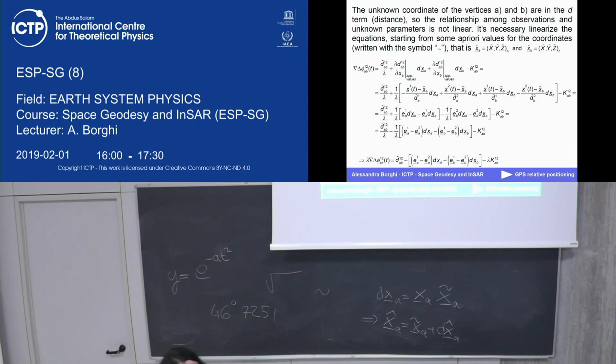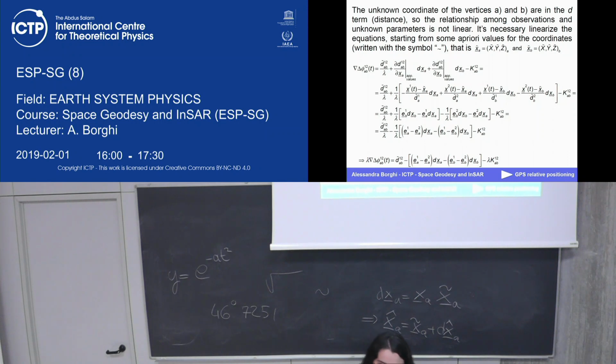So I know that if I use approximate coordinates obtained by just the code measure in real time, I can have 3 meters of error in the planimetric component and 6 meters of error, for instance, in the height component. I can start using these approximate coordinates. What happens is that these are quite far from the real position, by meters.